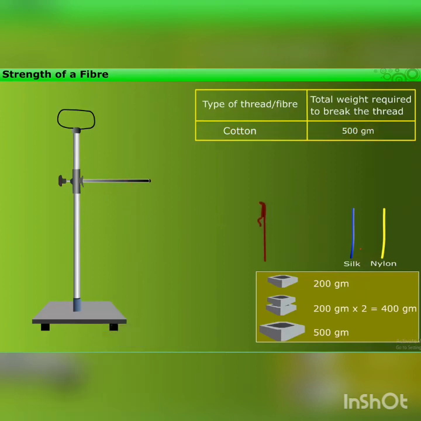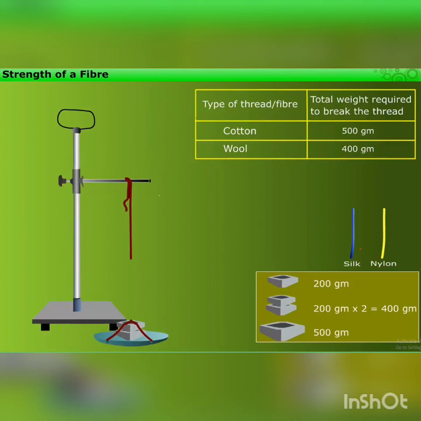Now hang the woolen thread and repeat the activity. Note down the weight required to break the thread. Repeat the activity by using the silk thread.